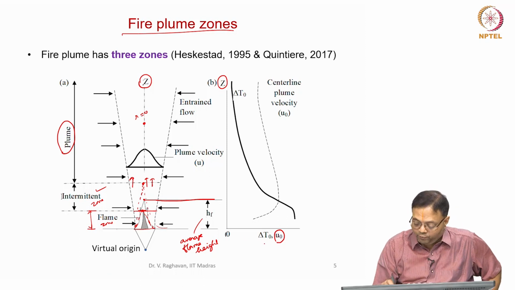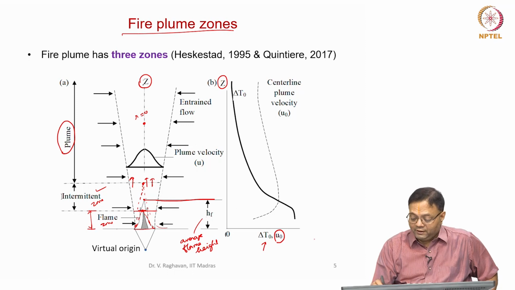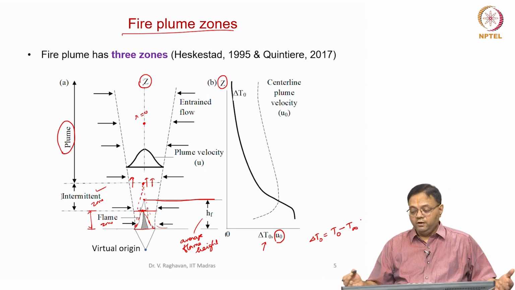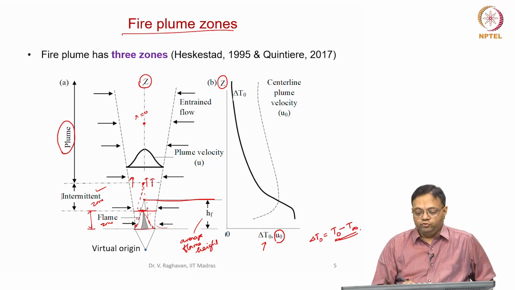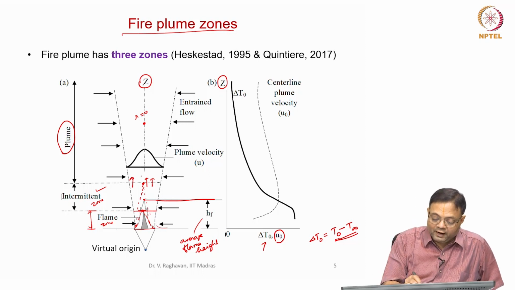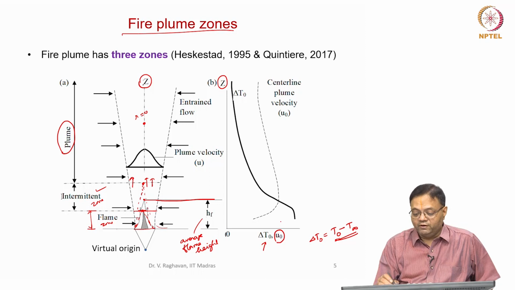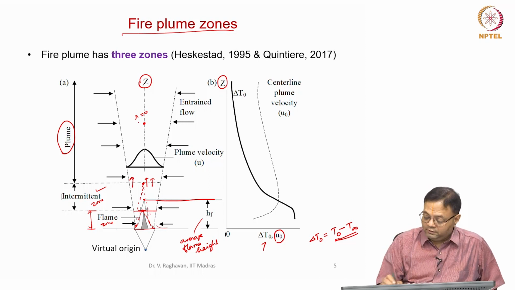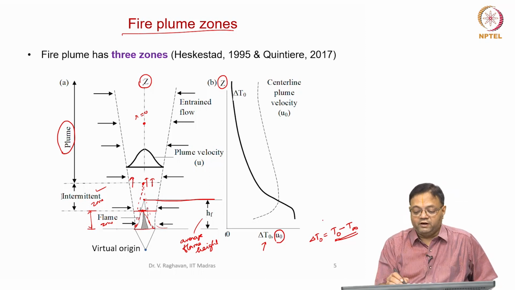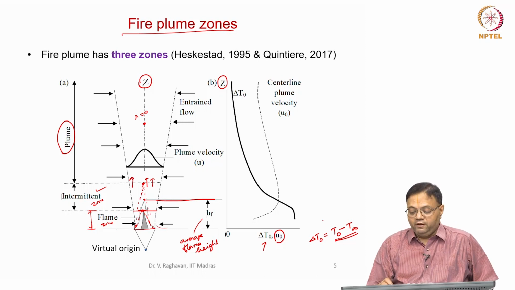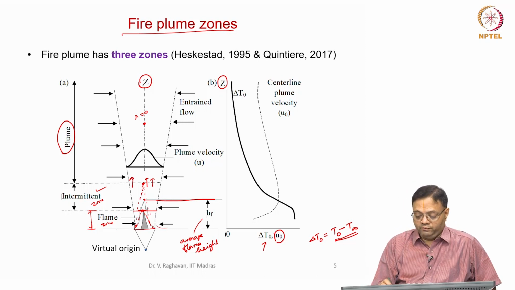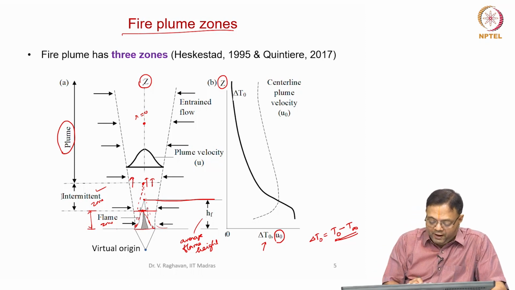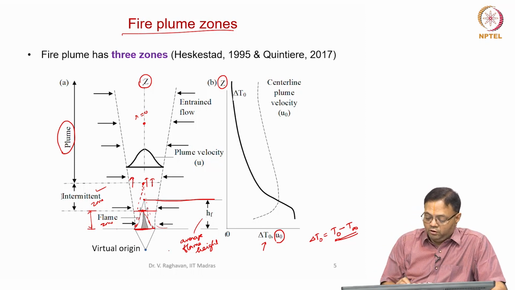Similarly, T naught corresponds to the center line temperature, but delta T naught is the center line temperature minus the ambient temperature. So, that is the temperature difference. We are plotting center line velocity versus Z, and center line temperature T naught minus T infinity versus Z. Let us see the center line velocity first. Now at the base, where Z equals 0.